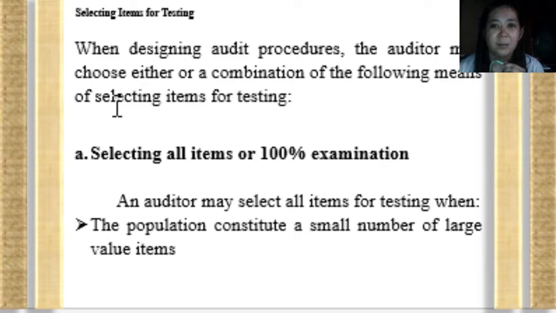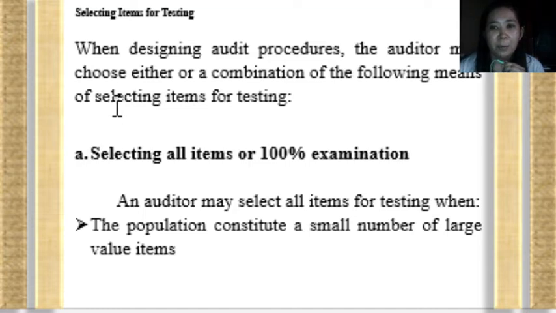Although he is not able to evaluate everything, this sample will represent the population or the overall class of those transactions, account balances, or disclosures. So he can use the following means for selecting items to be tested in gathering the audit evidence.